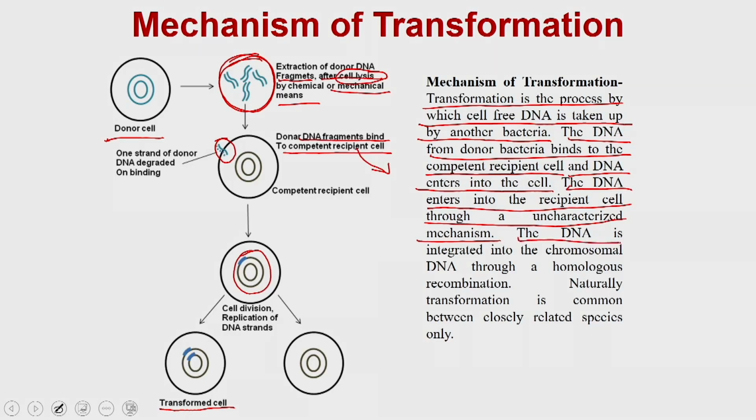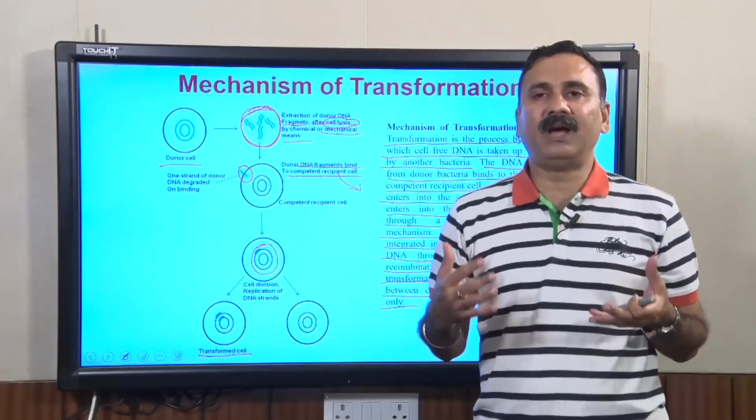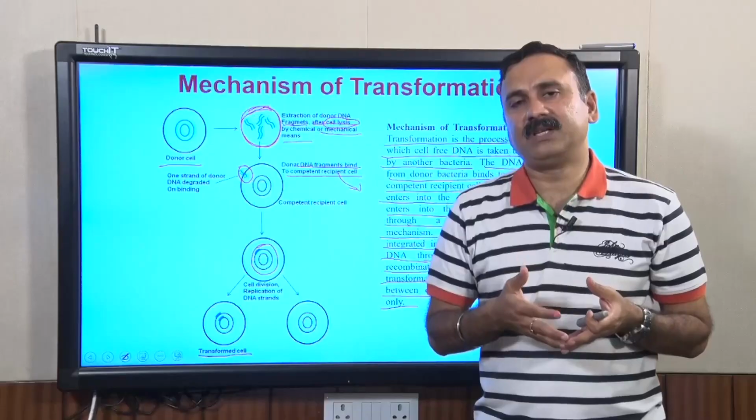and the DNA which is present as a single strand is integrated into the chromosomal DNA of the recipient bacteria through homologous recombination. It has always been observed that natural transformation between the donor and the recipient cells occurs between related species, and we have already discussed why it is so, because closely related species are going to have a similar restriction modification system.